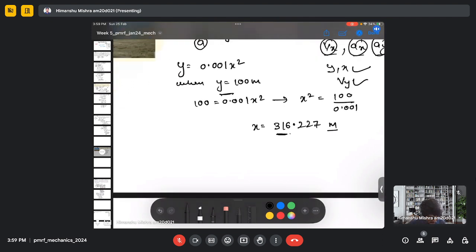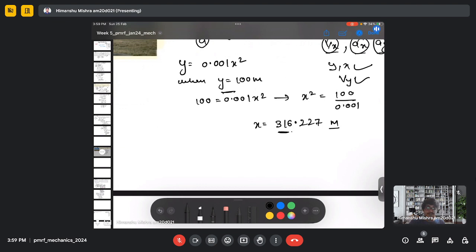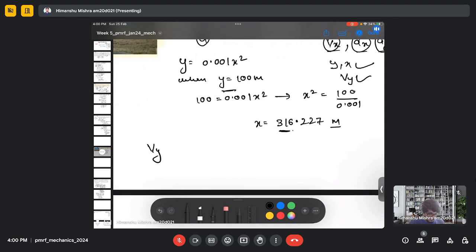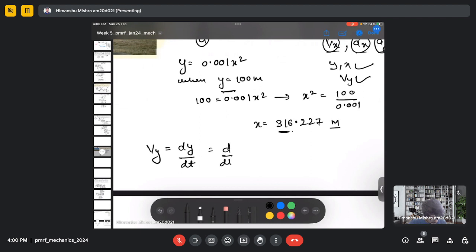So we can use the standard relation for the velocity, which is basically the change of position with respect to time. We have been given vy, which means it can be written as change of vertical distance with respect to time, because it's the vertical component of the velocity. So it will be the rate of change of vertical distance divided by time. And we know y, which is 0.001 x square.